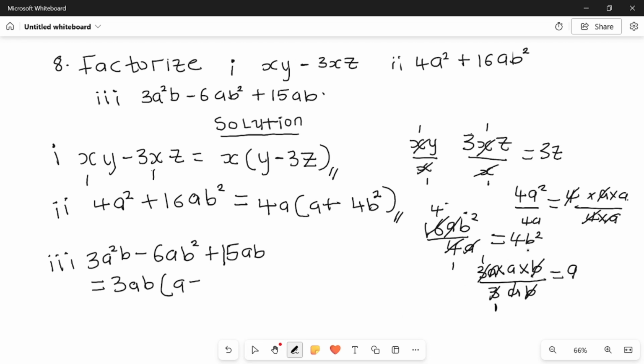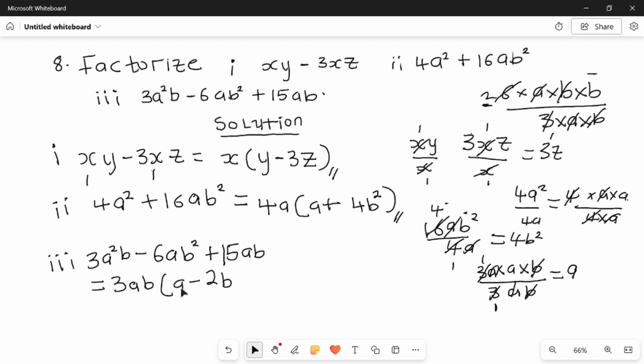Let's do it here. 6 times a times b squared, which is simply b times b, all over 3ab, that's 3 times a times b. 3 into 6 will give us 2. 3 into 3 will give us 1. A will cancel a. B will cancel b. So we're left with here 2 and b, right? So we will write 2b.